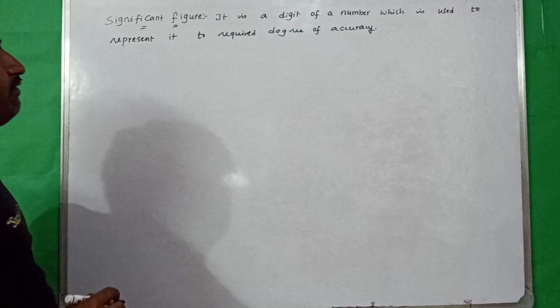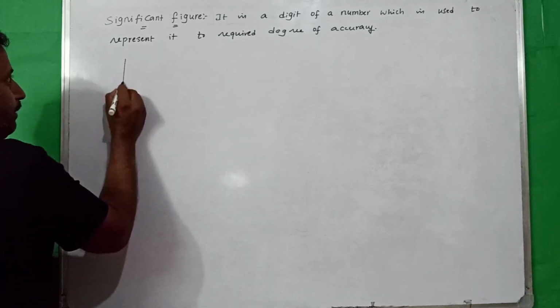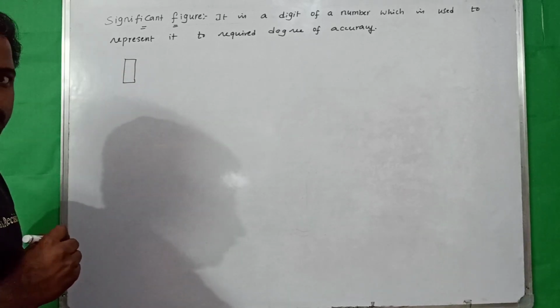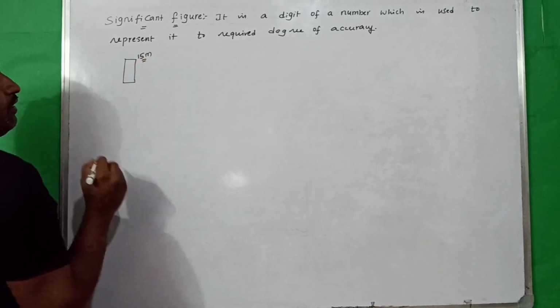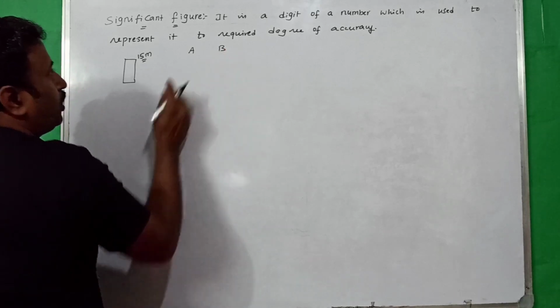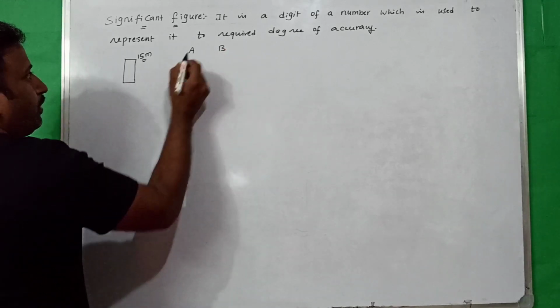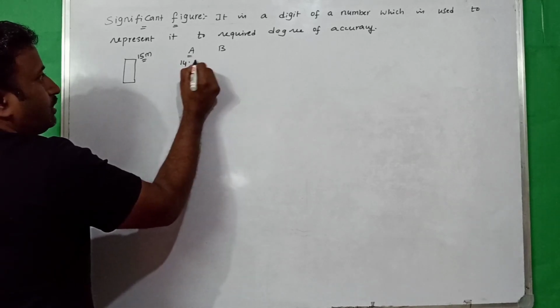So what is meant by required degree of accuracy? For example, there is a pole. The pole's actual height is 15 meters. But I asked two students, A and B, to measure the height of this pole and report. A student reported 14.1 meters.